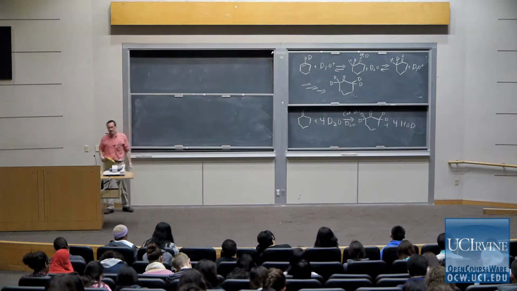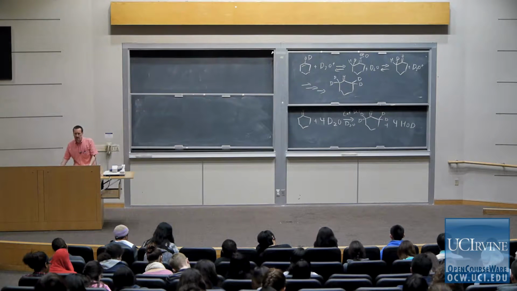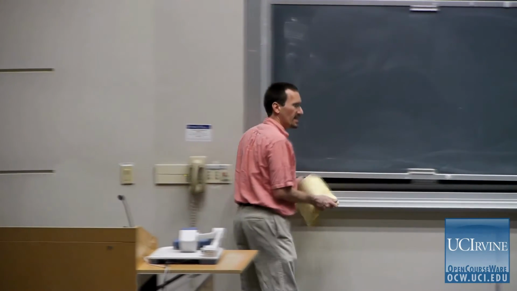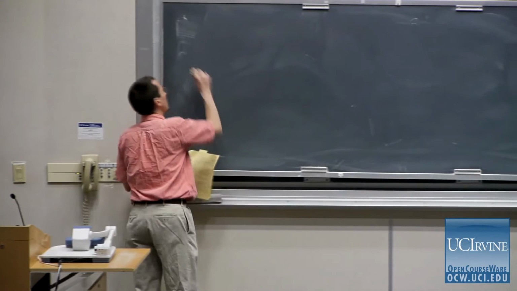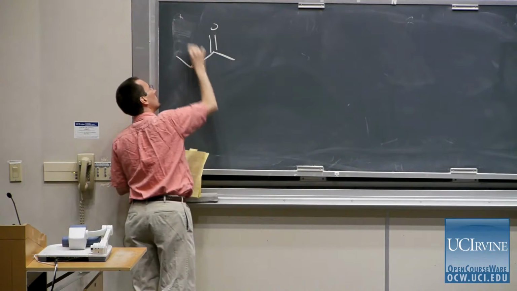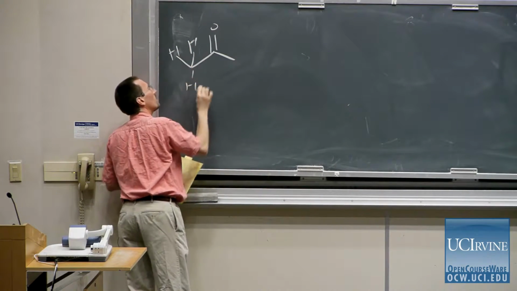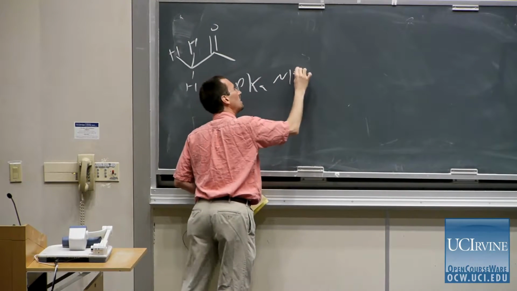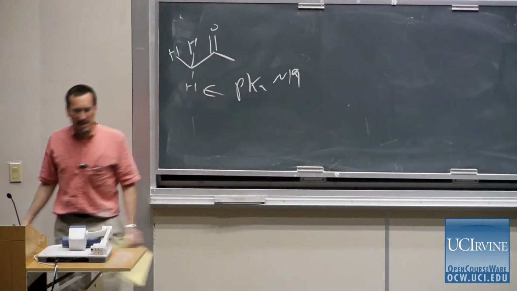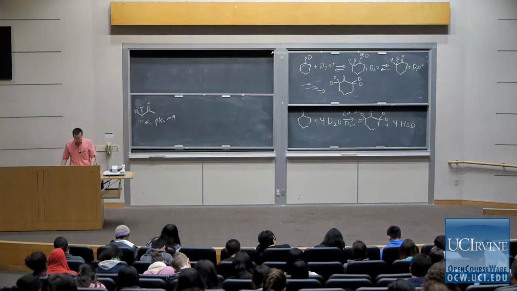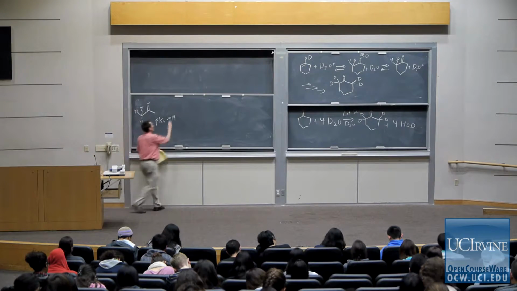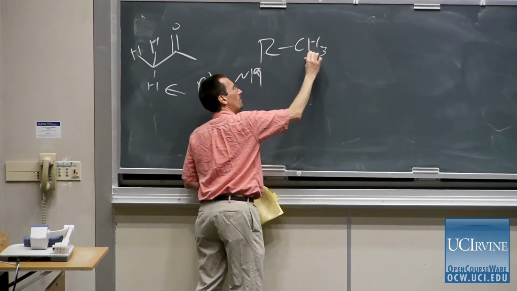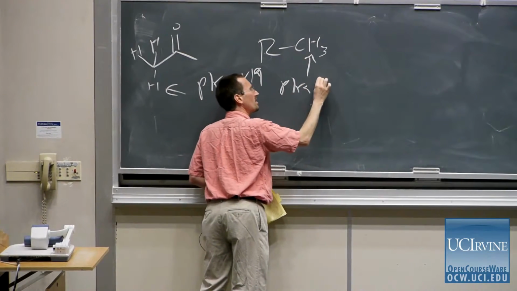So one of the other properties of carbonyl compounds is that their alpha proton is acidic. So for example, in acetone, the alpha proton has a pKa of about 19. That's interesting, because if you think about a regular alkyl compound, the pKa is about 50.